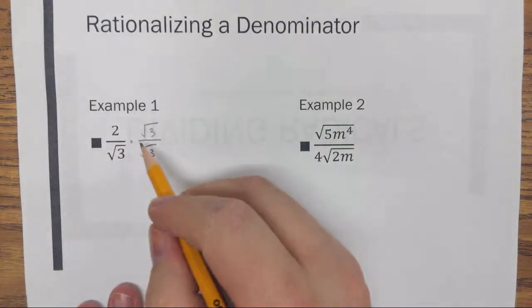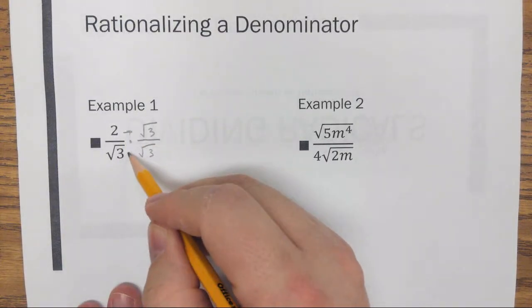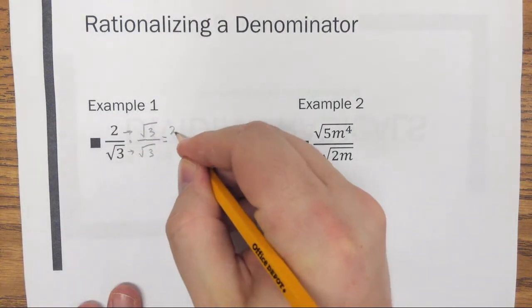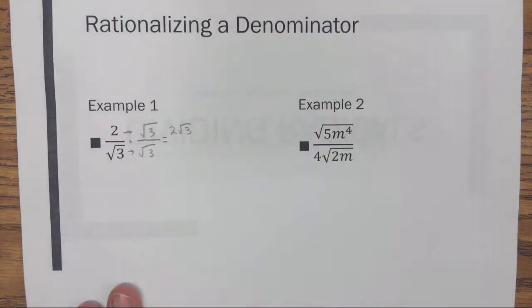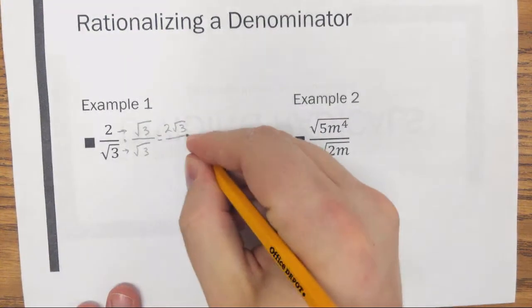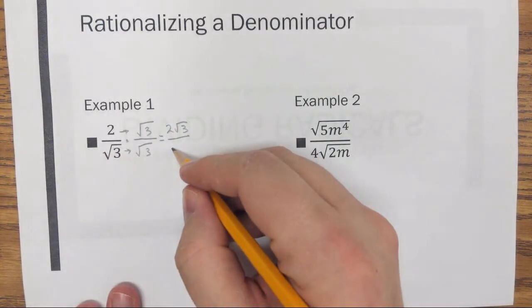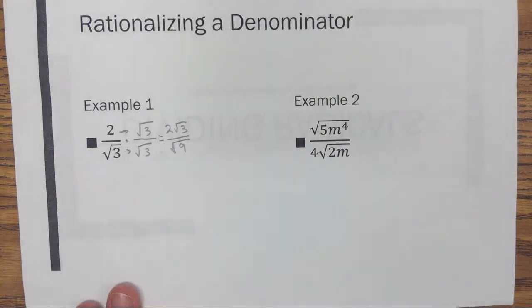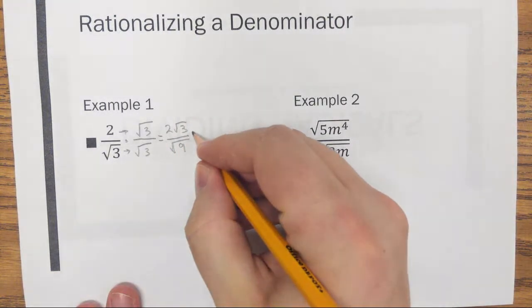Remember, when we multiply fractions, we multiply straight across. So now I'm going to do the straight across thing. This is going to be 2 radical 3 on top. And then I've got radical 3 times radical 3, which is going to be 3 times 3, which is 9. Okay. Now let's simplify.